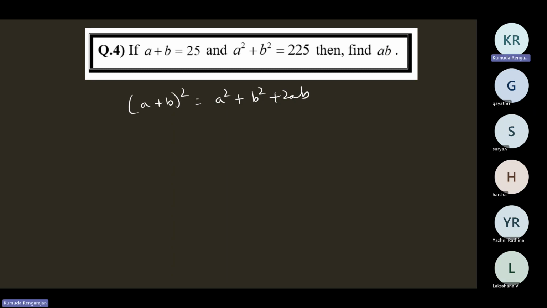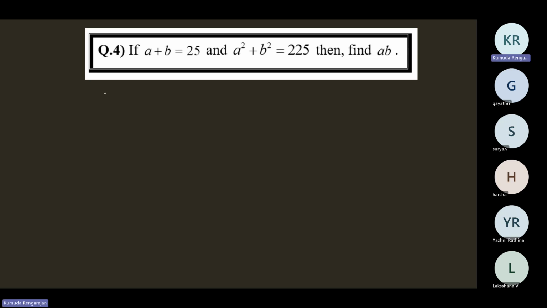In this question, we see the expressions a plus b, a square plus b square, and ab. Now these expressions can be connected using the identity a plus b the whole square is equal to a square plus b square plus 2ab. All right. So using that, you can find ab.